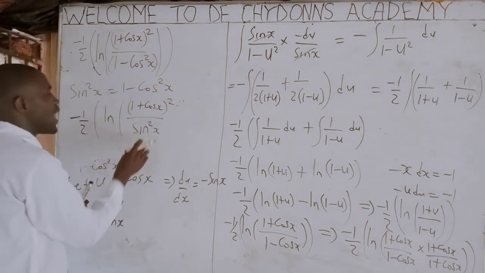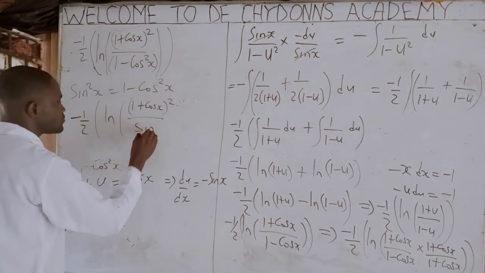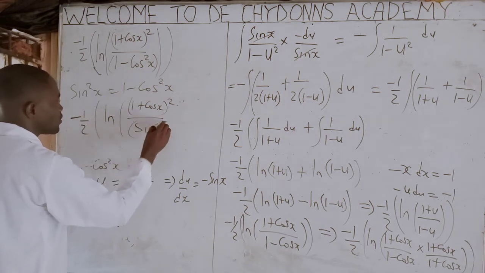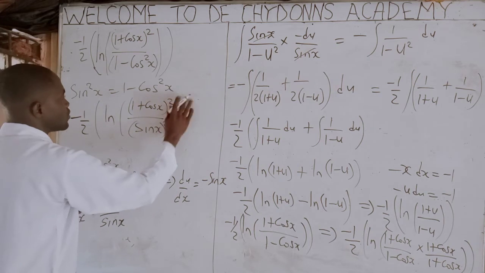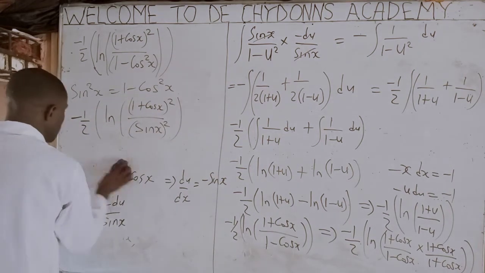Remember that sin squared x simply means sin x all squared. You can see both of them have squared.